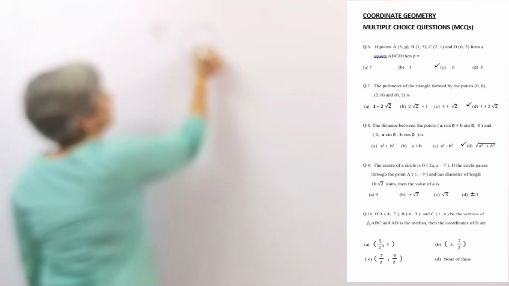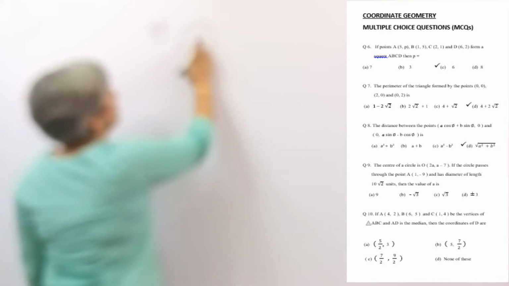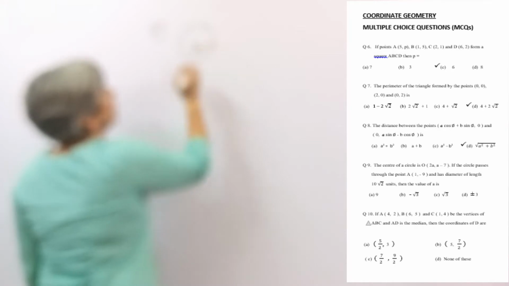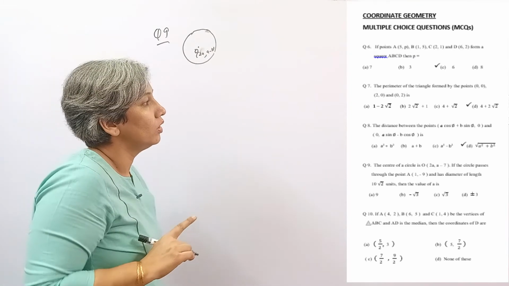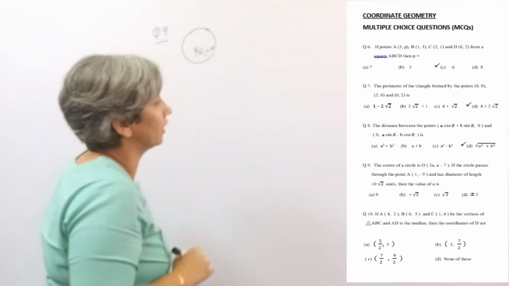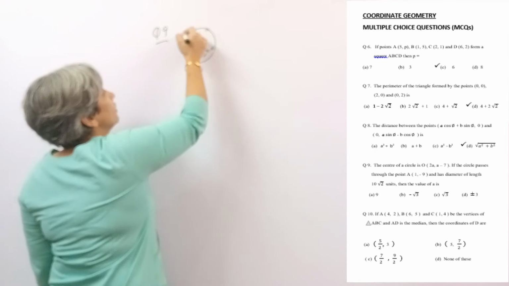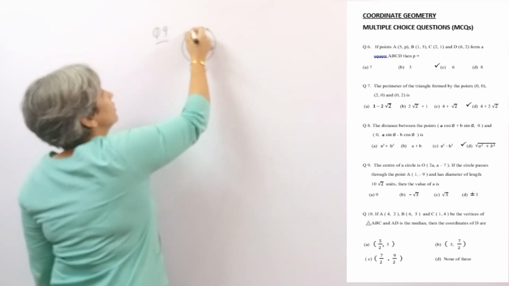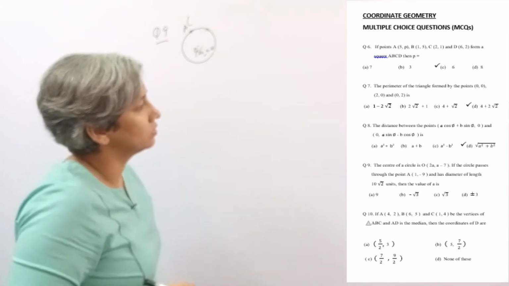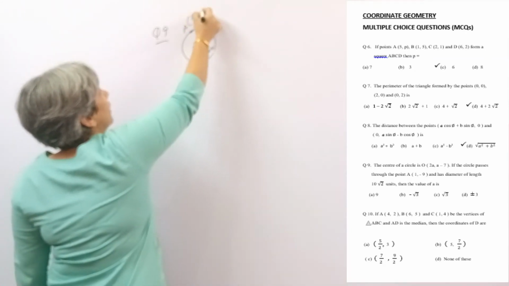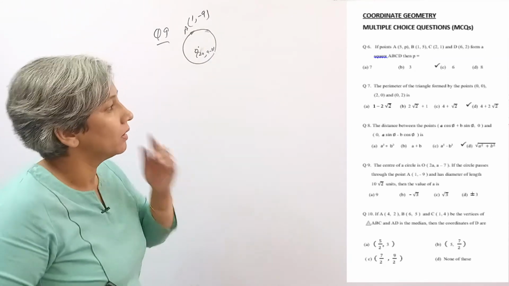Okay, its coordinates are 2a, it's 2a, minus 7, right? The center. And if the circle passes through the point A, which is 1, minus 9, A is any point in the circle which the circle is passing through.